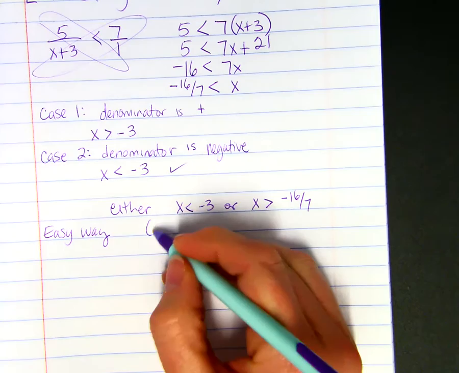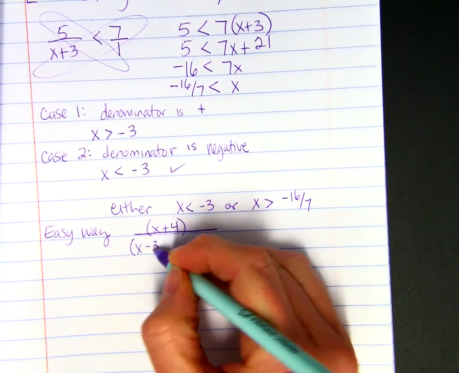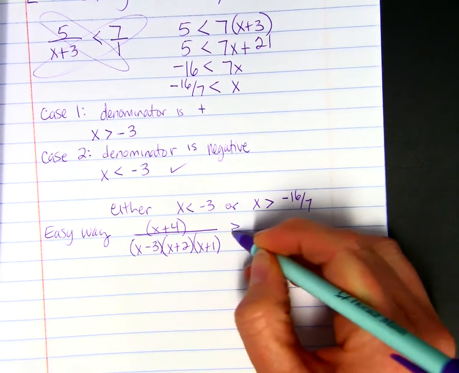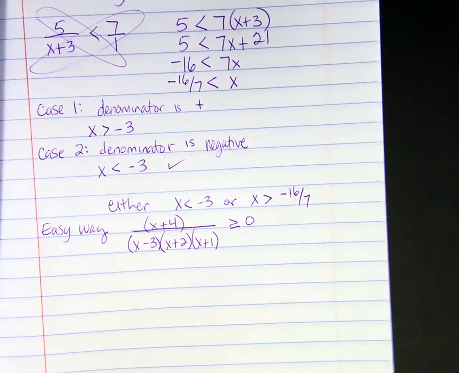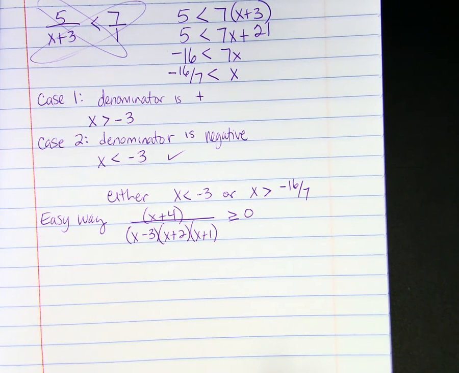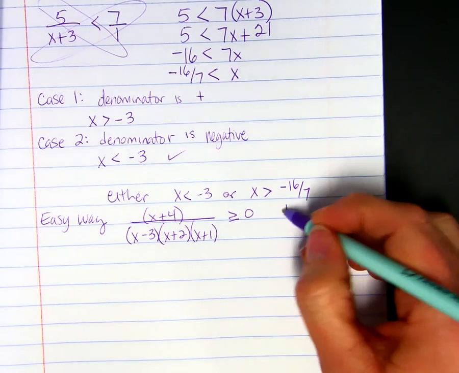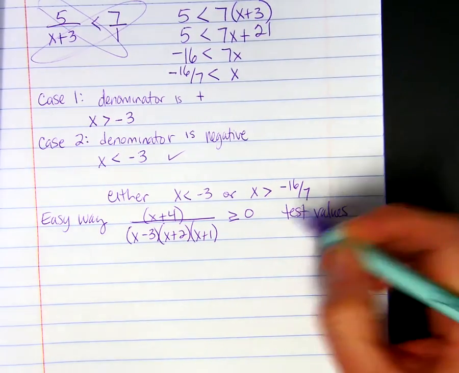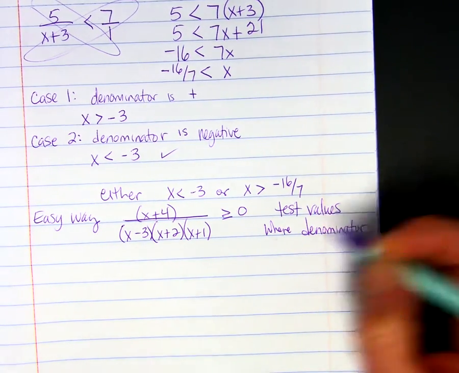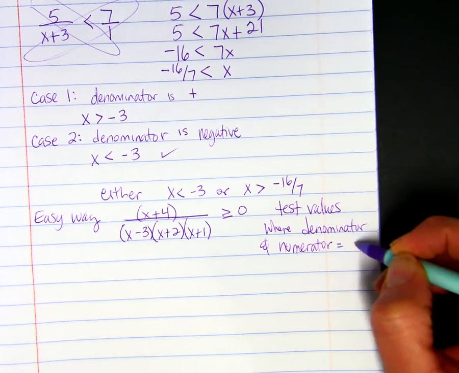So if we have a problem like this, x plus 4 divided by a bunch of factors, x minus 3 times x plus 2 times x plus 1, and that is greater than or equal to 0, what you want to do is test values where the numerator and the denominator equal 0.